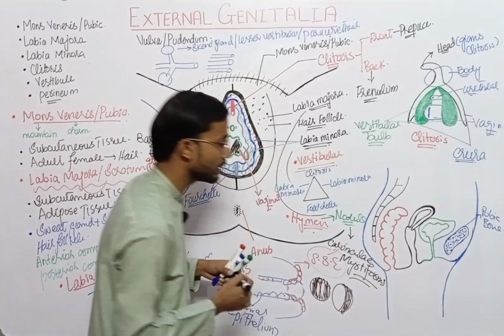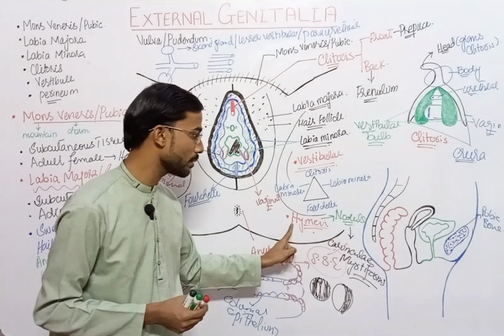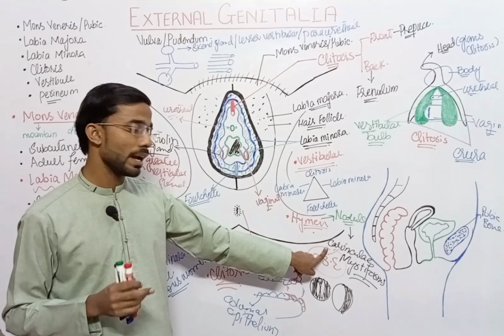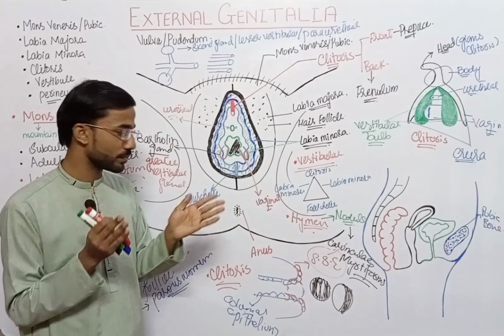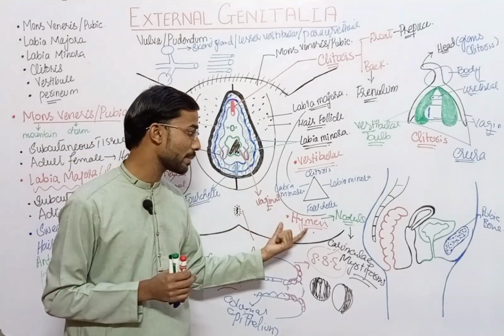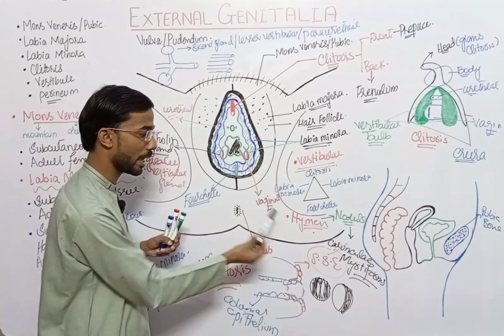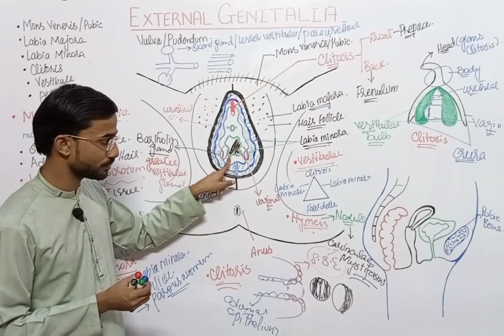So this is the nodular structure which forms when the hymen lacerates. The hymen can be present in a lot of shapes and structures. So this is one case.